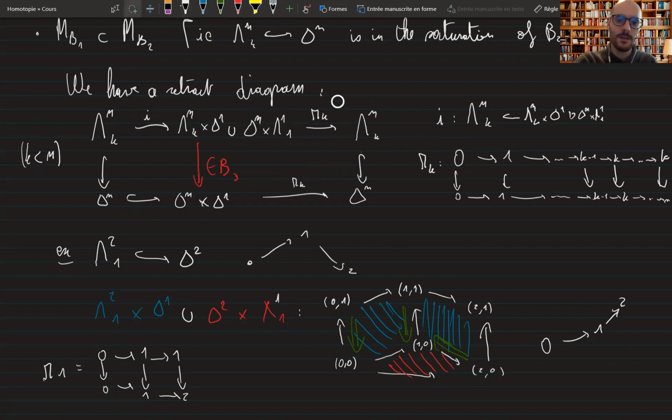The problem is precisely that we want to check that this RK, when you restrict it here, you don't touch the missing face. So you have to find this retraction in a way that you don't, for example, here, I don't want to touch this one, right?